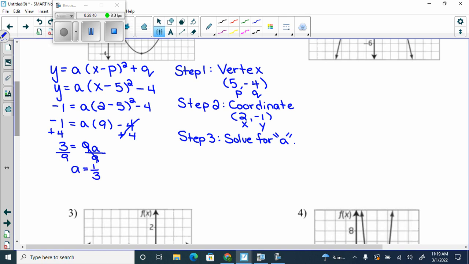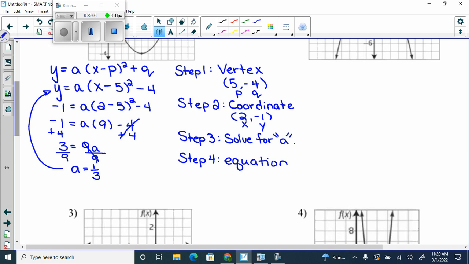Do I have an equation yet? I have just the A, and I have the other information, correct? So step 4 is write out the equation. So I need an equation. So I go right back up to this very first equation, and I just put the A in it. I don't fill in the x's and y's or it's not an equation.